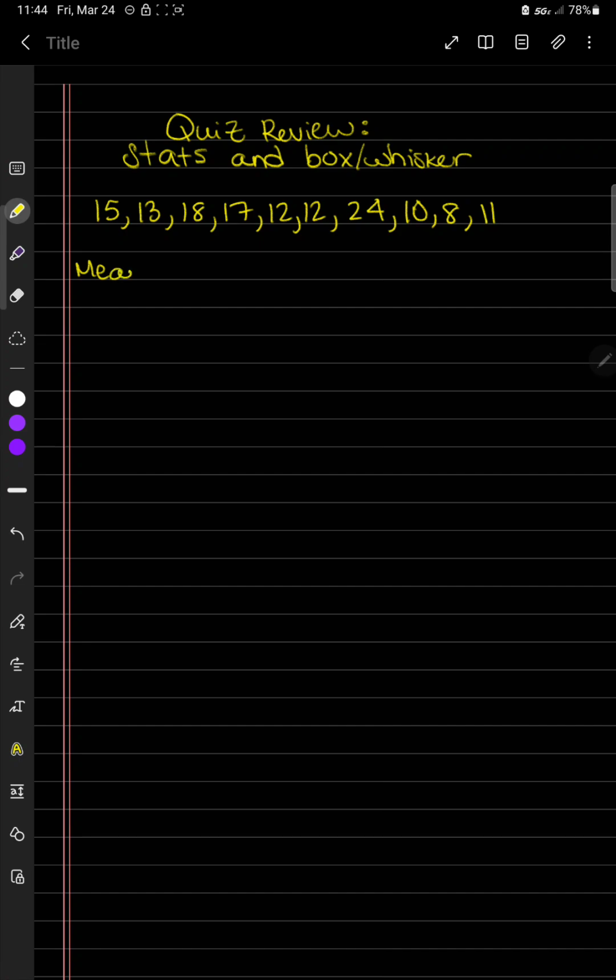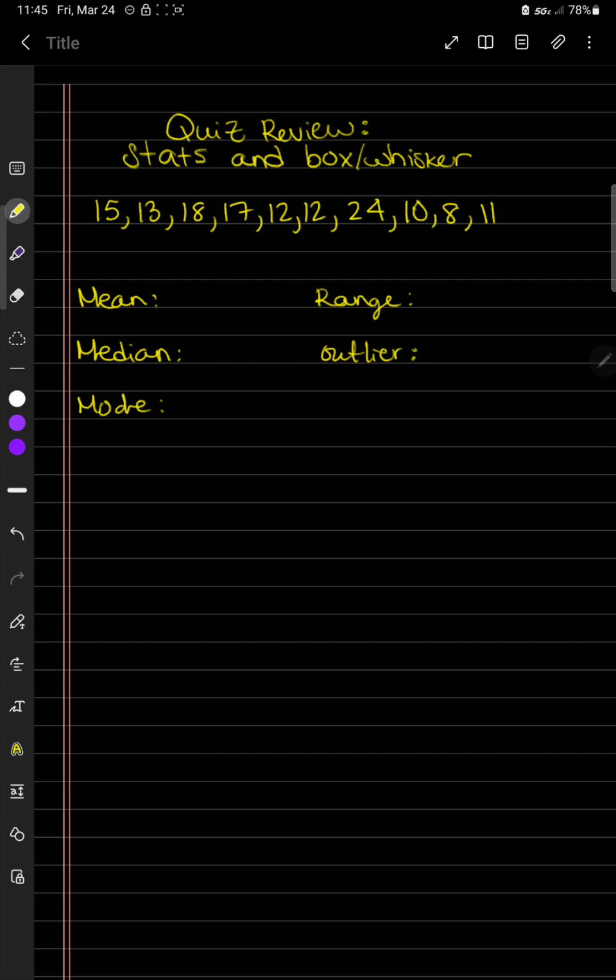So mean, median, mode, range, and outlier.